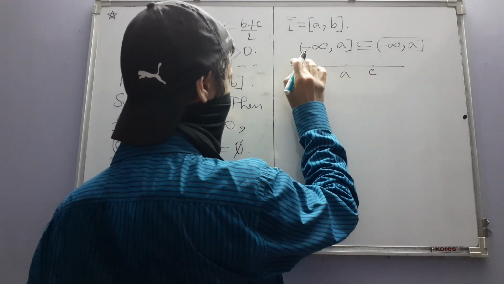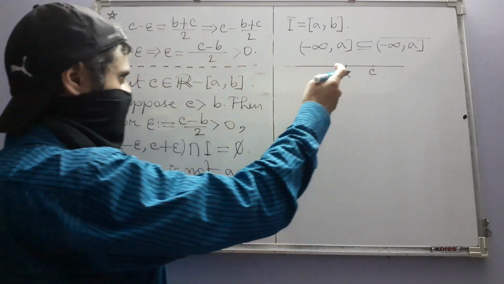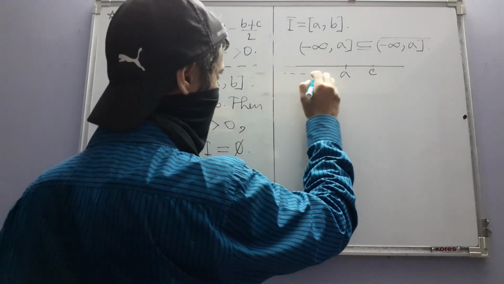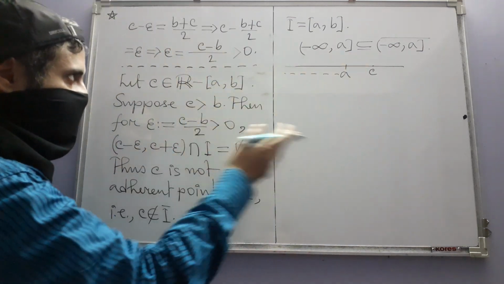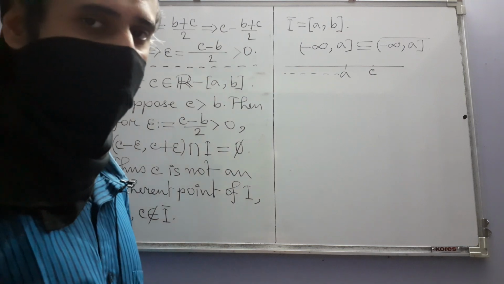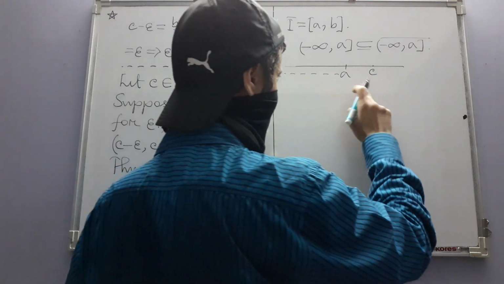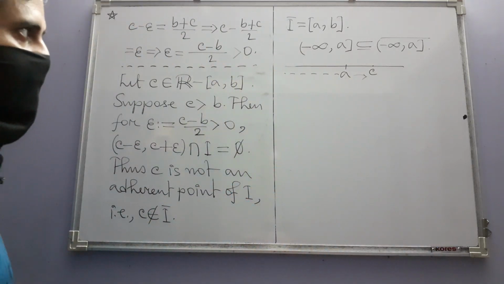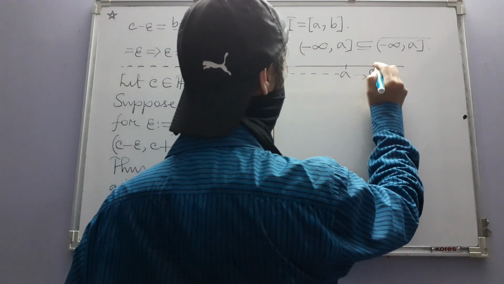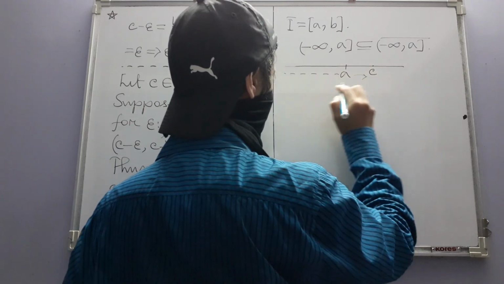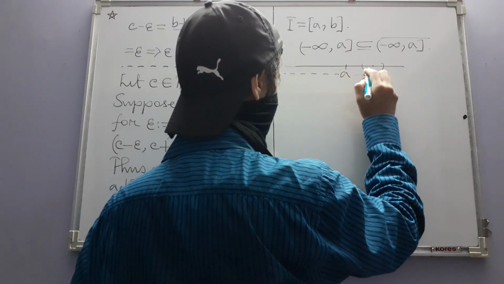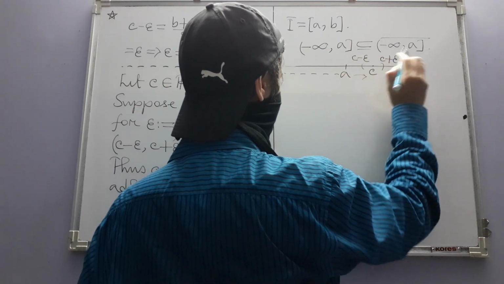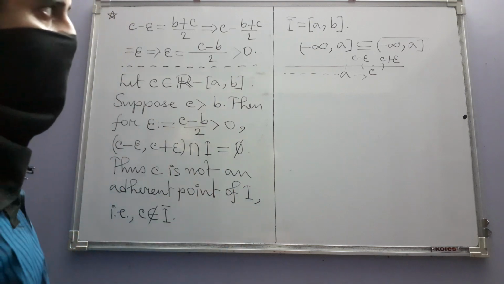And in this case, what is even better is that there is no other case where C lies to the left of A, because the left of A is entirely contained, it is I. So if you have to choose a point outside of I, it should lie to the right of A. So here also, no matter what C is, no matter how close C is to A, you have to choose an epsilon small enough such that this open interval is disjoint from the given ray.